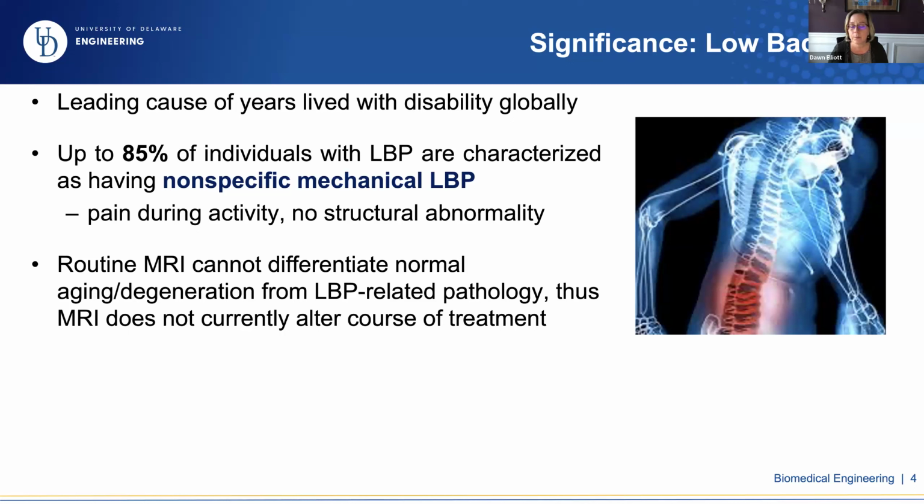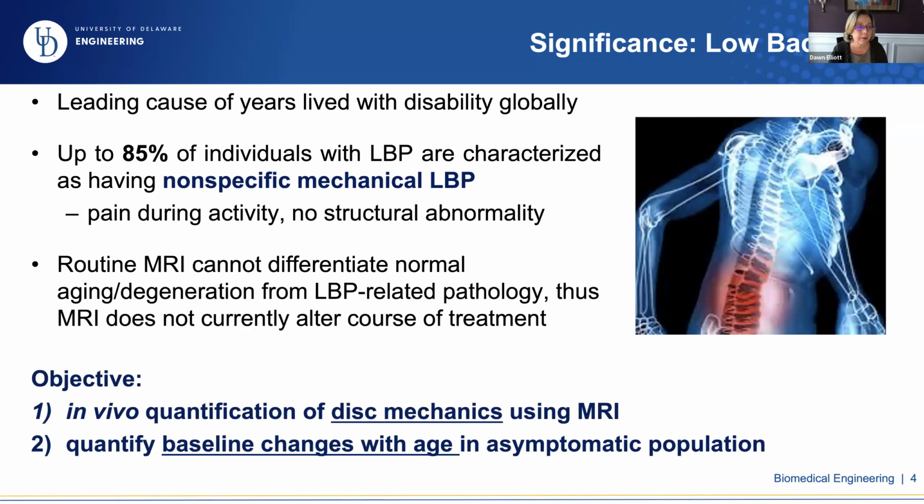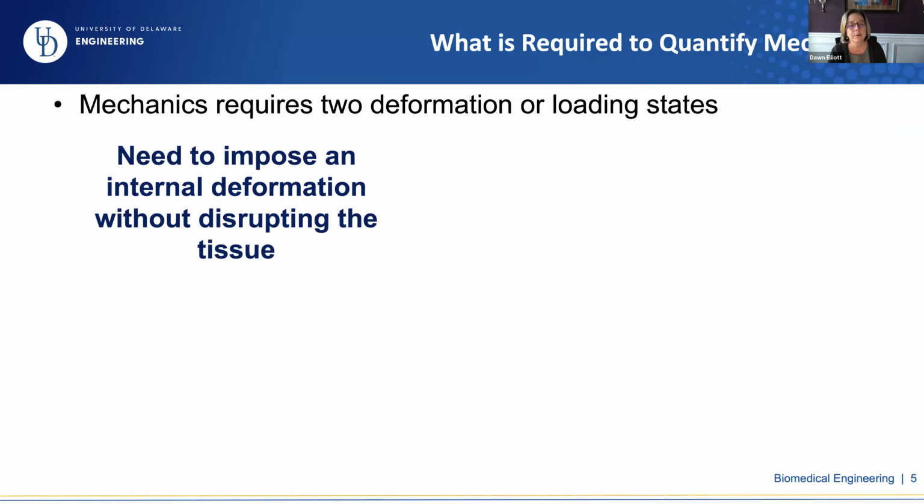So because of the importance of mechanics and motion during low back pain, our objective in this study was to quantify in vivo disc mechanics, and we're going to do it using MRI, and then to quantify the baseline changes in age that happen in asymptomatic populations. So stepping back a minute, what is required to quantify mechanics?